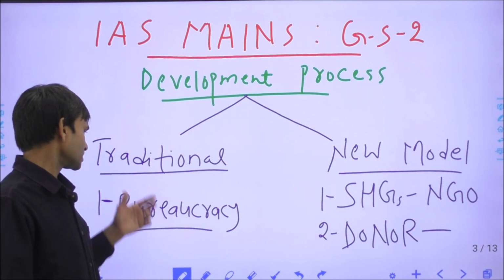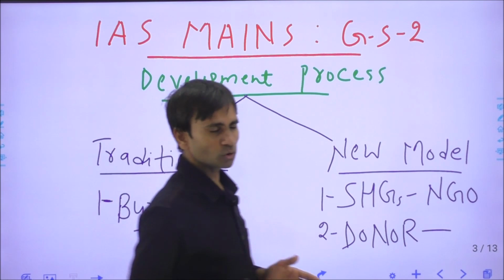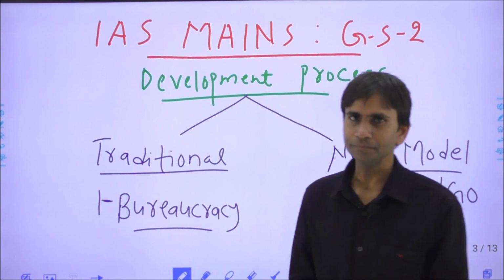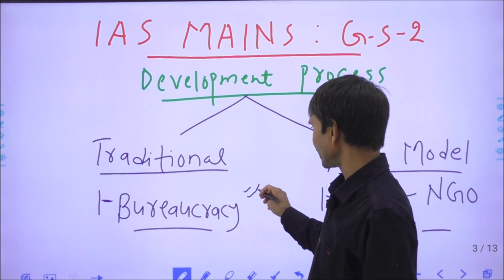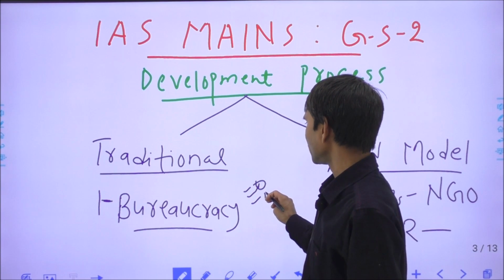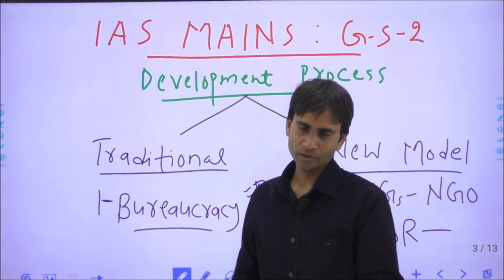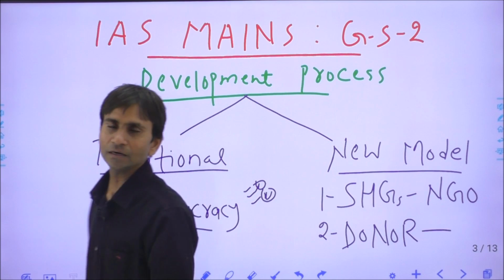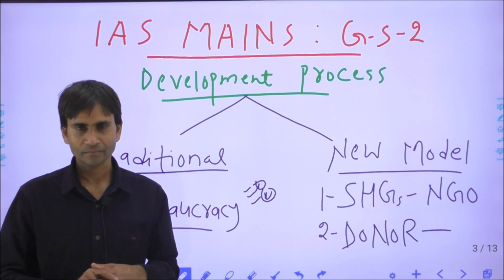The bureaucratic structures have become a great barrier before the socio-economic development of India. So I suggest you identify the various aspects of this model, what the shortcomings are and how we can remove them or enhance the capacities or abilities of the bureaucratic system.